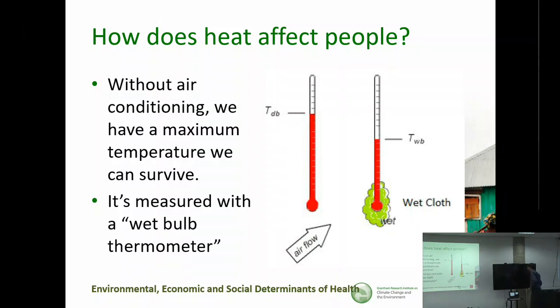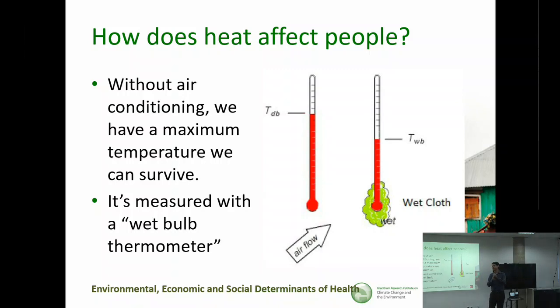One of the key metrics to think about here, which I know was you who mentioned this, for how the human body responds to temperature is what's called the wet bulb temperature. And basically, it's just what it sounds like. You take a thermometer, and whatever it's reading, you wrap the bulb of the thermometer in a wet cloth.